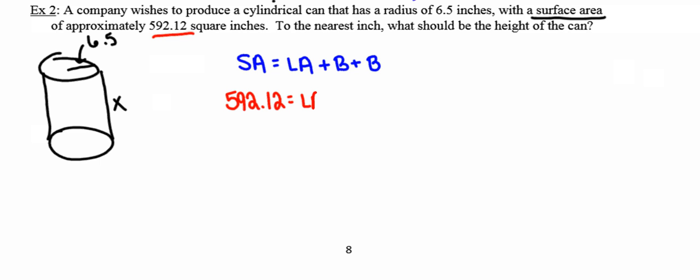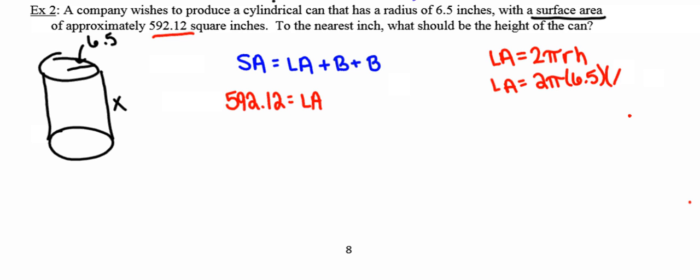The lateral area I don't know. I could find it by multiplying 2 times pi times my radius times my height. This is starting to get a little bit uncomfortable here because now we have both a pi and an x.